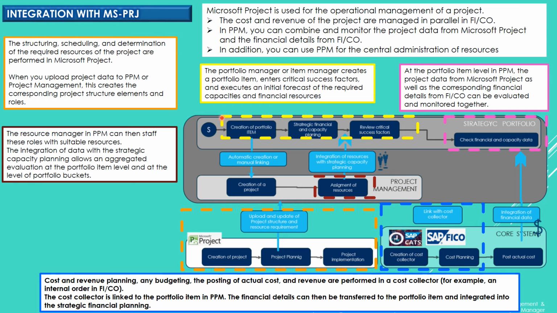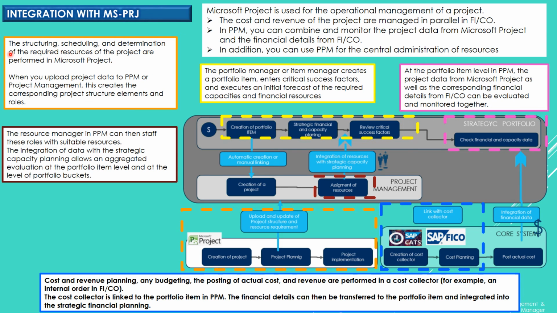Remember that the strategic project starts with the creation of the project portfolio items. Then we must enter the critical success factors and execute an initial forecast of the required capacities and financial resources, as you can see here in this process.